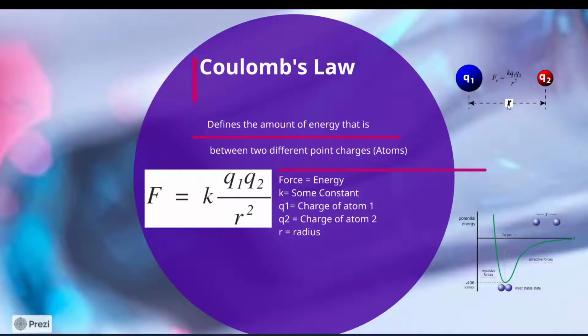We can calculate this: the force or the energy equals k, some constant, times the charge Q1 times the charge Q2, both as absolute values, all divided by the radius squared.